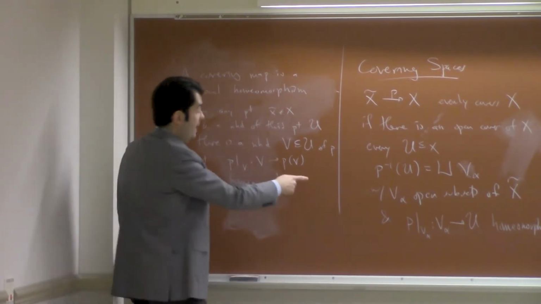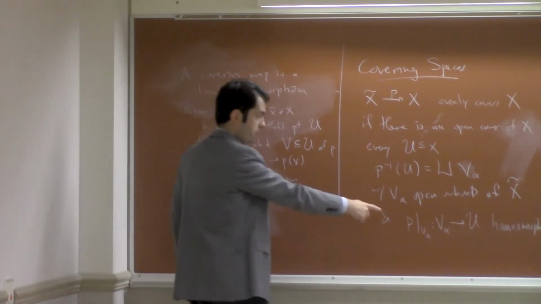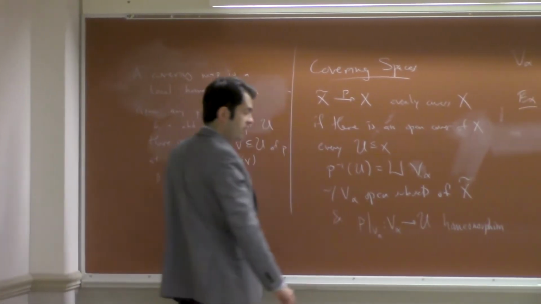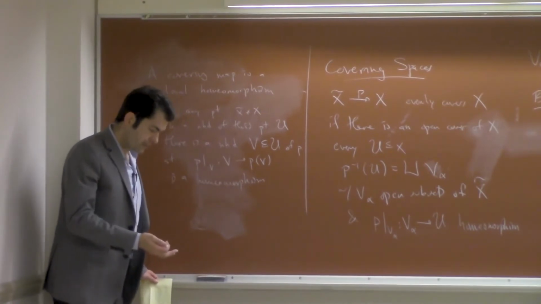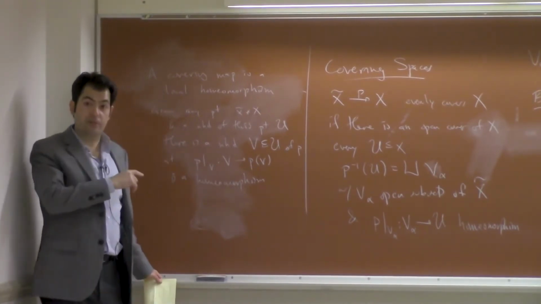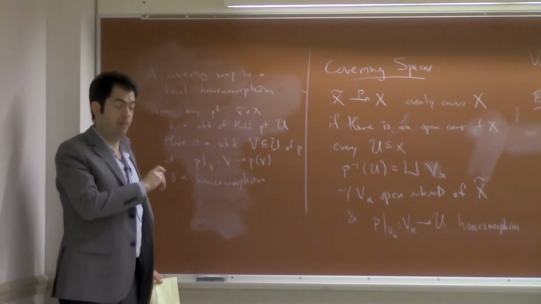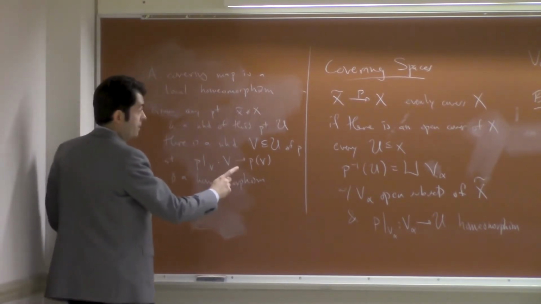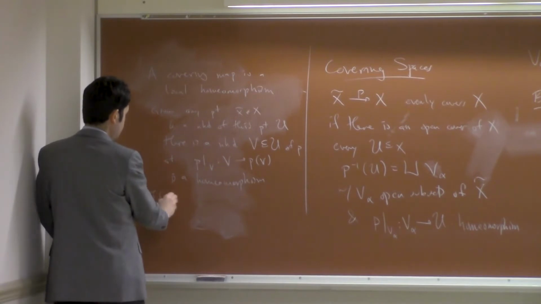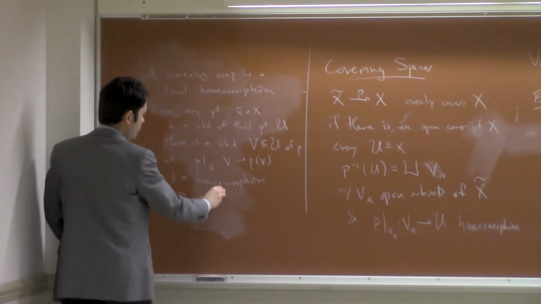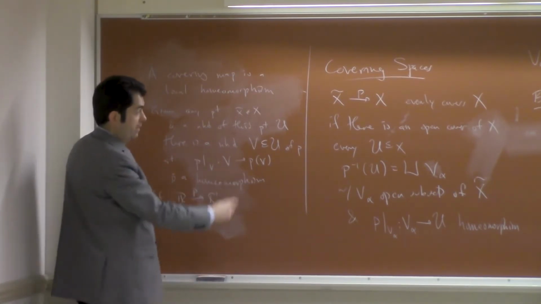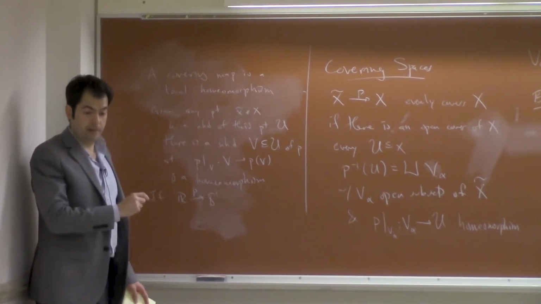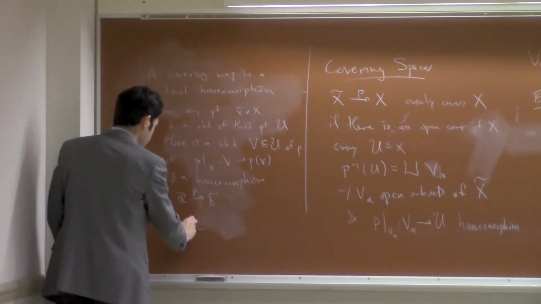So every covering map has this property because you just look at these slices. But this is not enough to know that you have a covering map. So for example, if you just take the covering of the circle by the real line that we had before, then just restrict this.